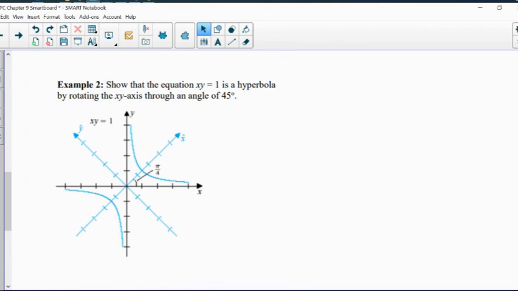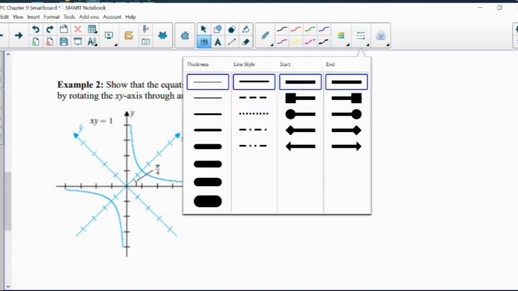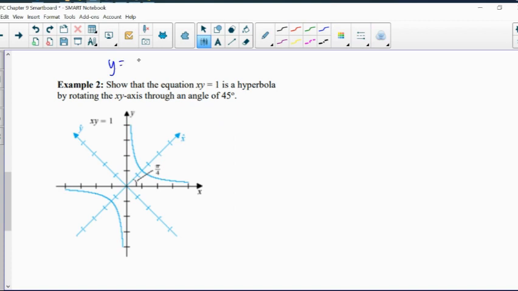I'm telling you this hyperbola, x times y equals 1, and we know this graph because last semester we looked at it as the reciprocal function, like y equals 1 over x. So we never really looked at it as xy equals 1, but technically this is a hyperbola. And I'm claiming that if you rotate the axes by 45 degrees, that's the perfect amount to create a hyperbola in that new rotated direction with a new set of coordinates.